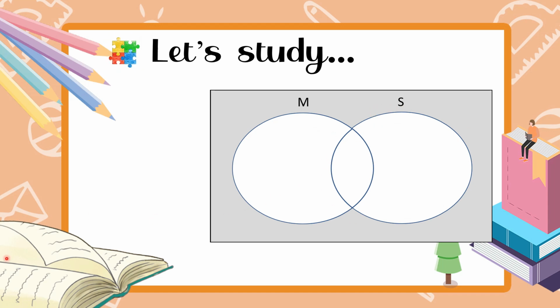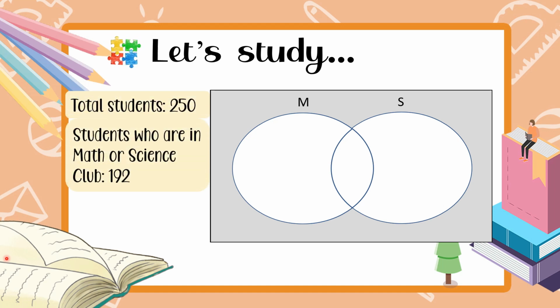Now, kung natatandaan ninyo, the total students ay 250. Ang total students naman who are in science or math club is 192. So, meron tayong 192 students na kasama sa dalawang set na ito. So, to get the number of students na nasa labas ni set M and set S, you just have to subtract 192 from 250.